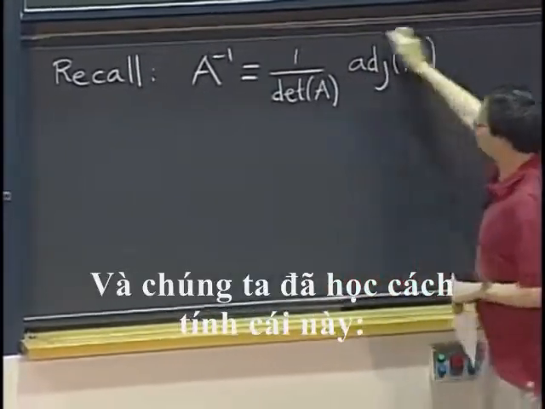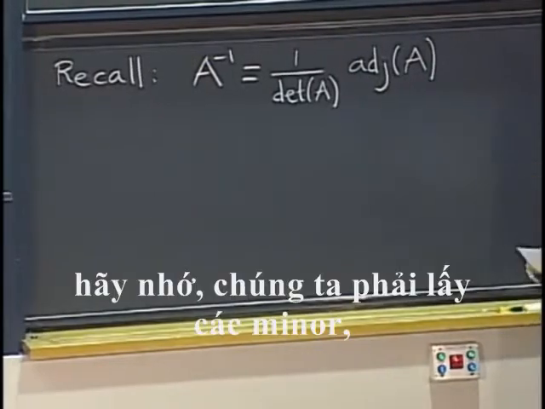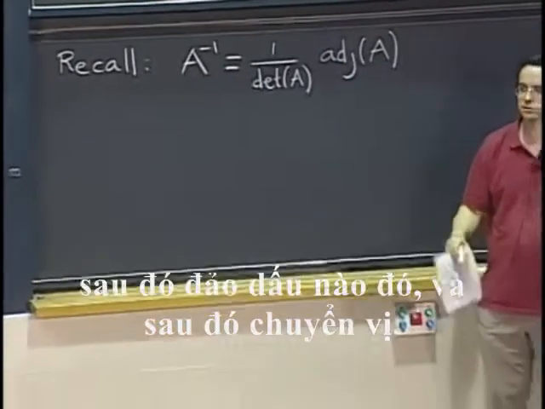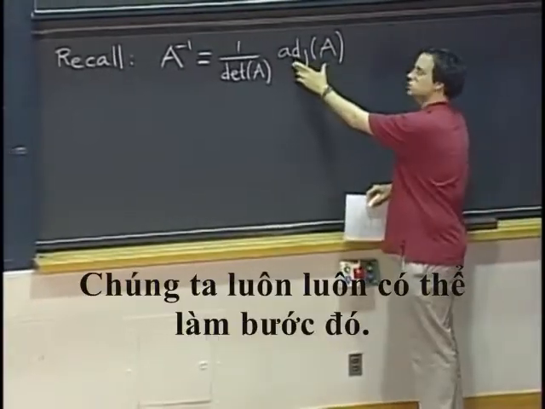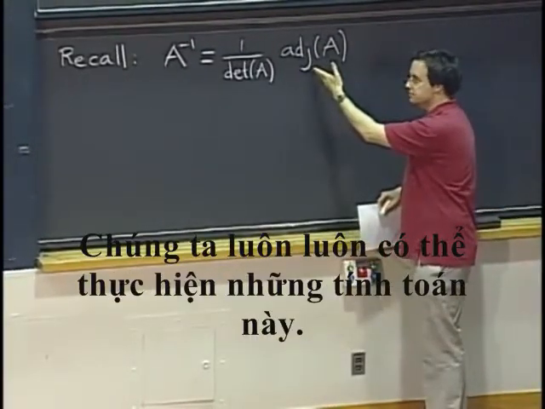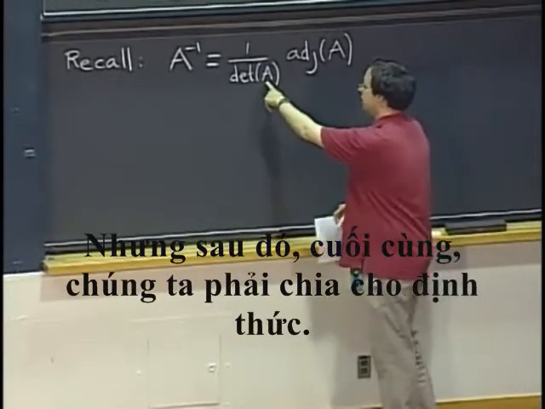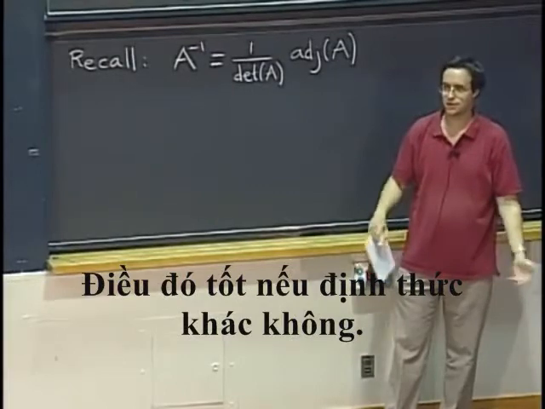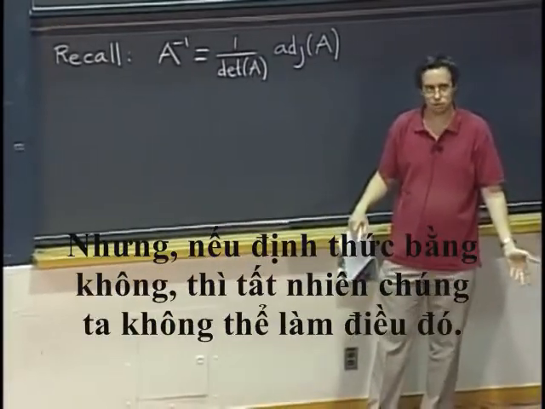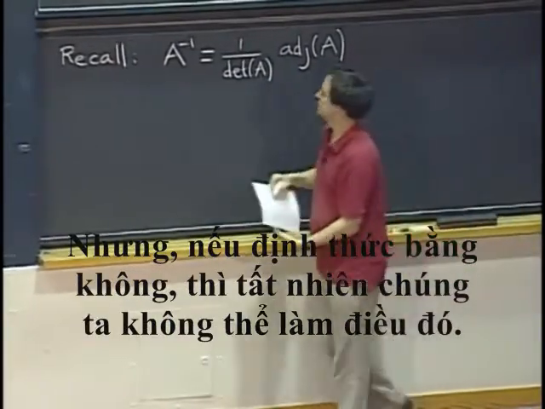We've learned how to compute this. Remember, we had to take minors, then flip some signs, and then transpose. That step we can always do. But then at the end, we have to divide by the determinant. That's fine if the determinant is not 0. But if the determinant is 0, then certainly we cannot do that.